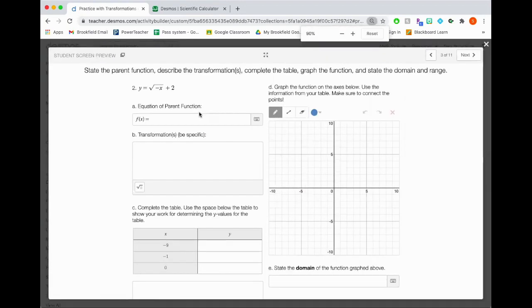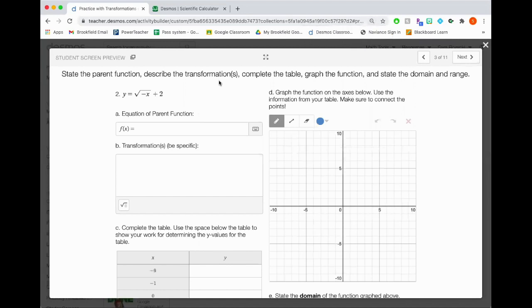So here, same directions, just a different equation. I'm having you look at something that involves a square root. So that should give away that the parent function is the square root function.